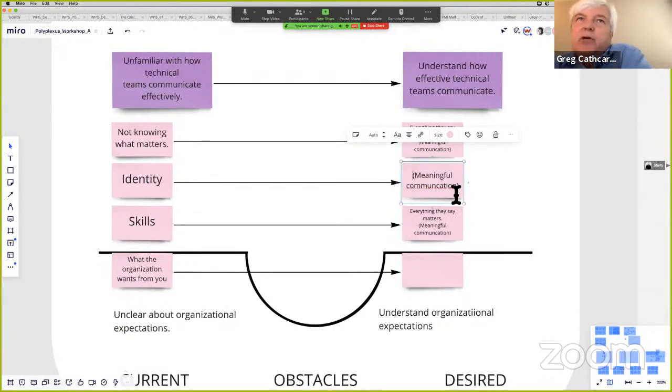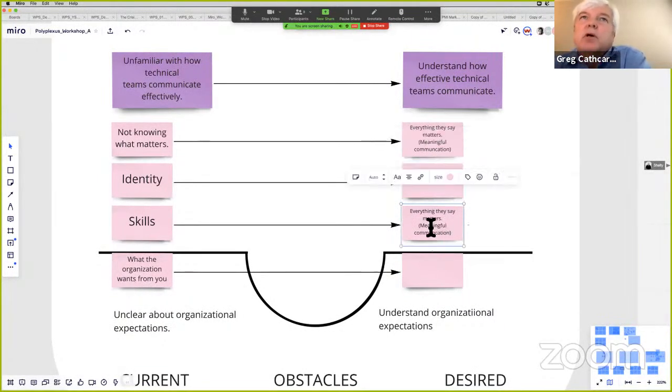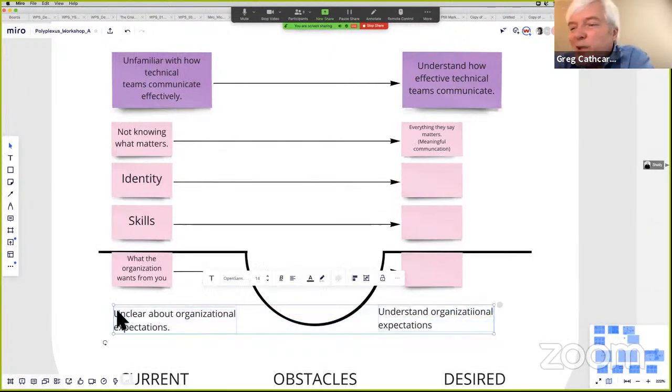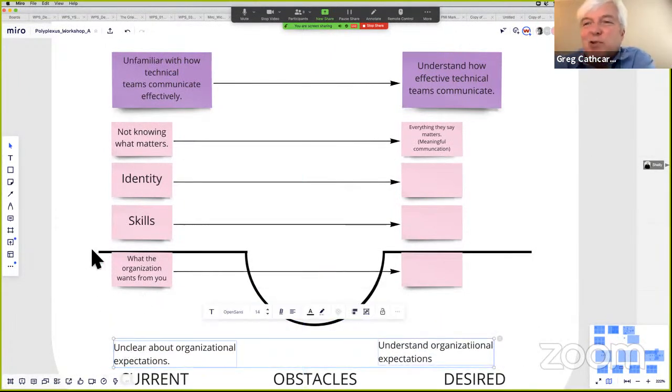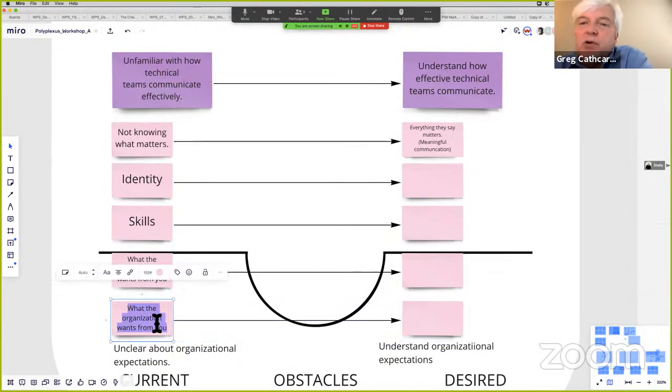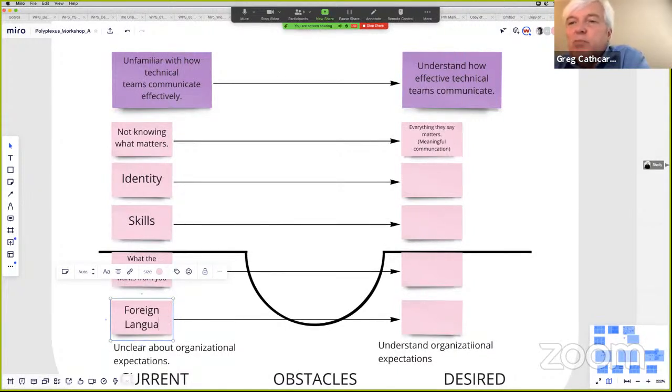These things are critical. If you can't discuss things in the organization's language, you're basically speaking a foreign language, which is an interesting concept, because communication breaks down. So what are the expectations of the organization? Do you understand those? Are you able to communicate as an effective team member? And so it really comes down, I think, to meaningful communication.